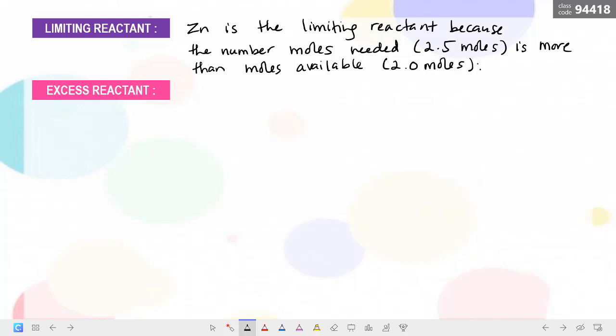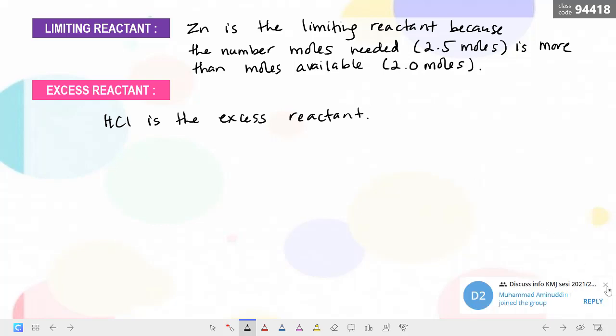Tulis reasonnya. Which one is the excess reactant? HCl is the excess reactant. So HCl is the excess reactant.